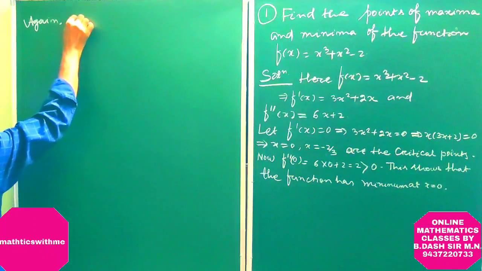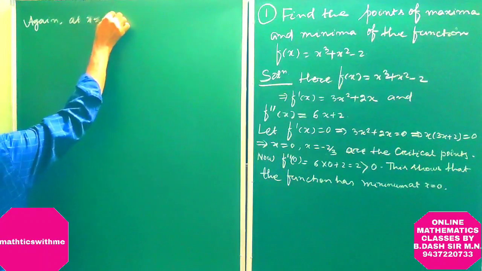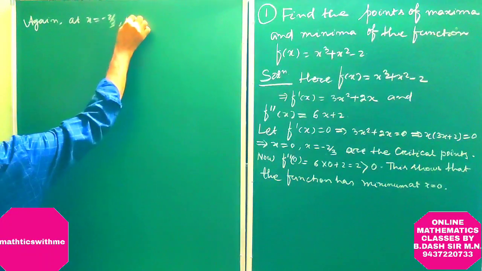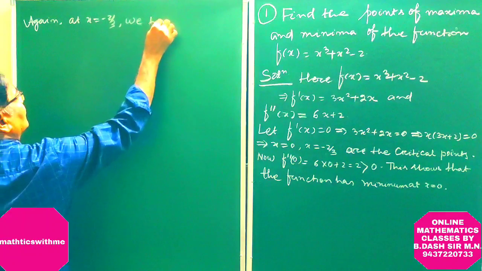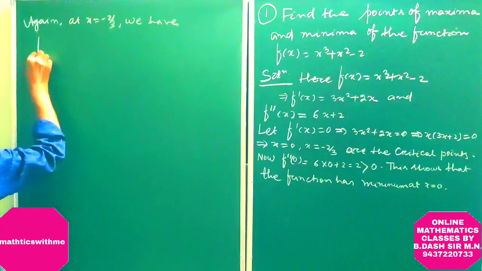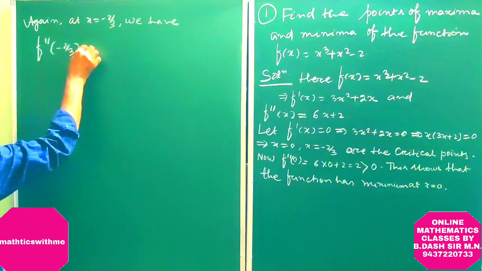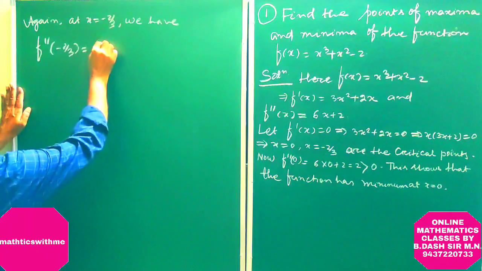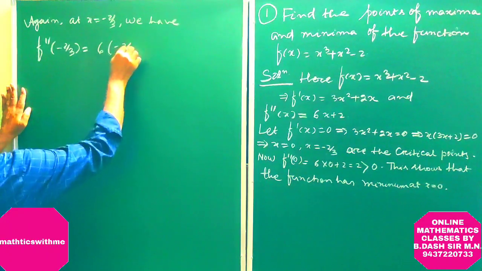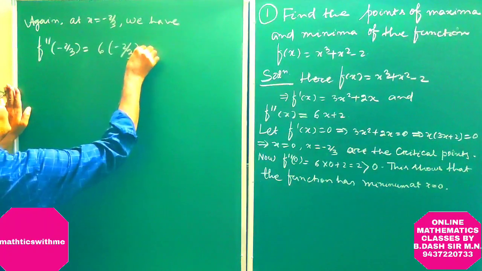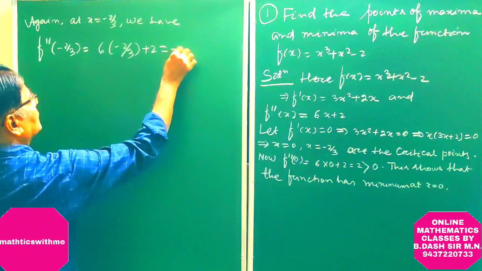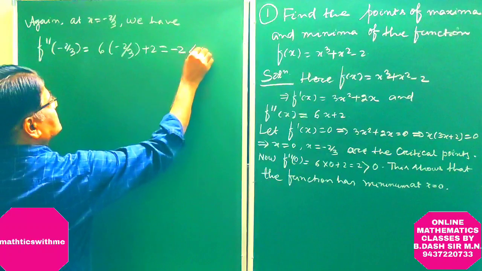Again, at x is equal to minus 2 by 3, we have f double dash of minus 2 by 3 is equal to 6 into minus 2 by 3 plus 2, which is equal to minus 2, less than 0.